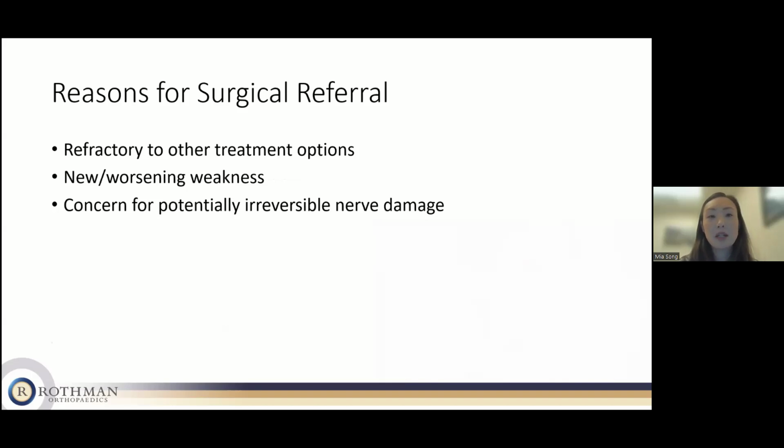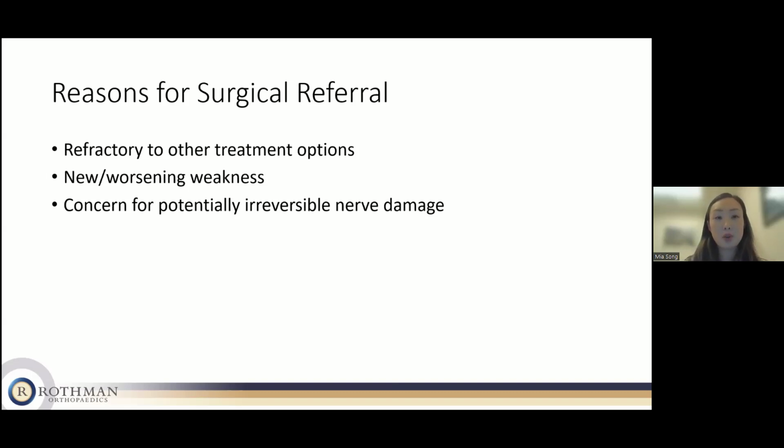And then sometimes I'll send people to see one of our surgical colleagues, one of our spine surgeons. Sometimes patients ask, when is it time to see a surgeon? It could be patients who have ongoing symptoms that are refractory to other treatment options, meaning it's just not getting better with some of the other things you've tried, like therapy, medications, injections.